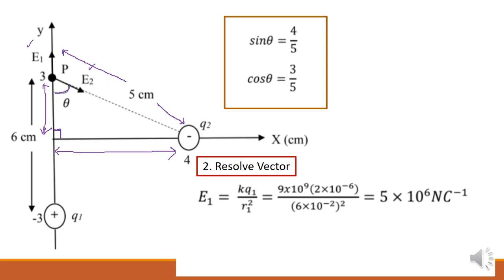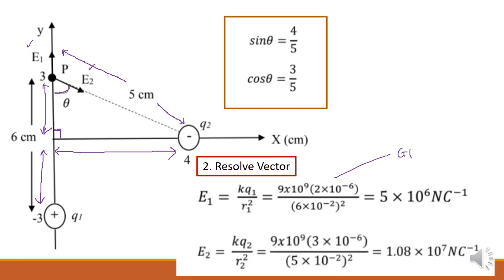R dia mestilah jarak di antara P dengan charge Q1. So 3 tambah 3 dapat 6 cm. Make sure to convert into meter. Kuasa 2 kan. So ganti kena betul sebab dekat sini ada markah gantian sebanyak 1 markah. Kemudian kita kiralah pakai kalkulator untuk dapatkan magnitude E1.